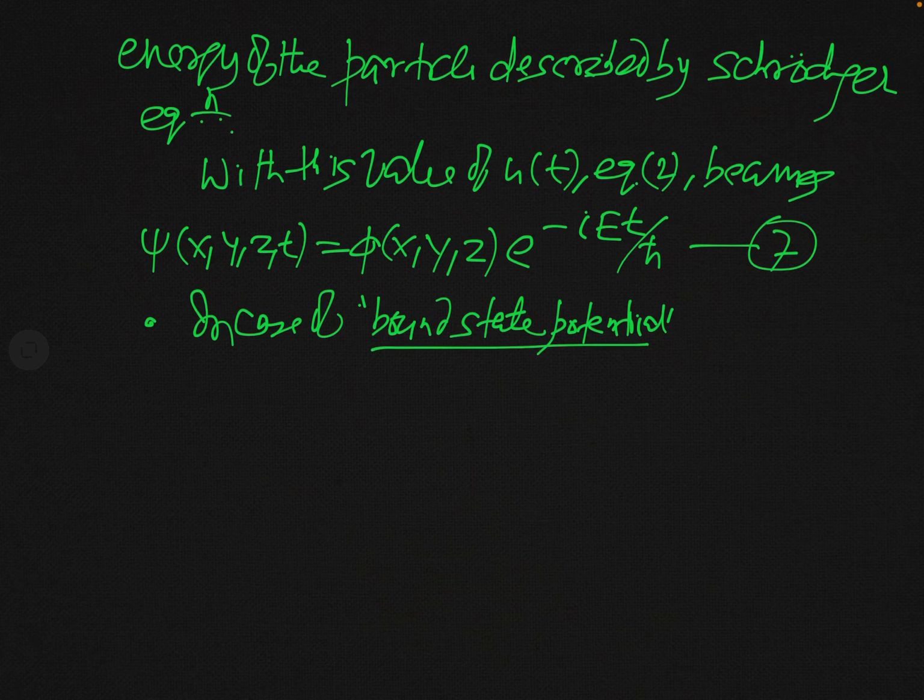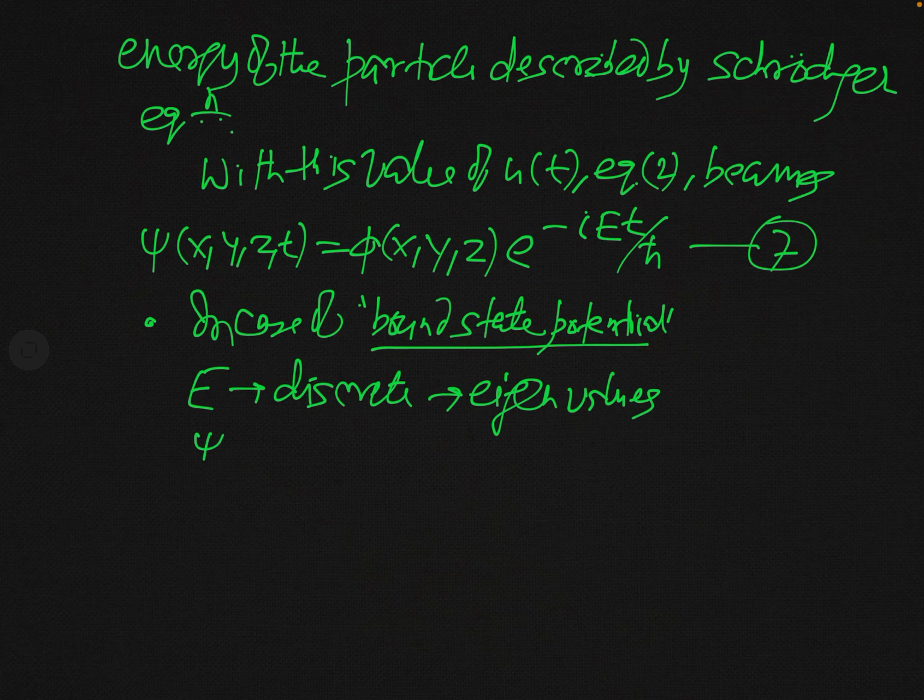That will be a very important example of bound state potential. In case of bound state potential, E is discrete, not continuous, and these values of E are known as eigenvalues. In that condition, the wave function psi is known as the eigenfunction.